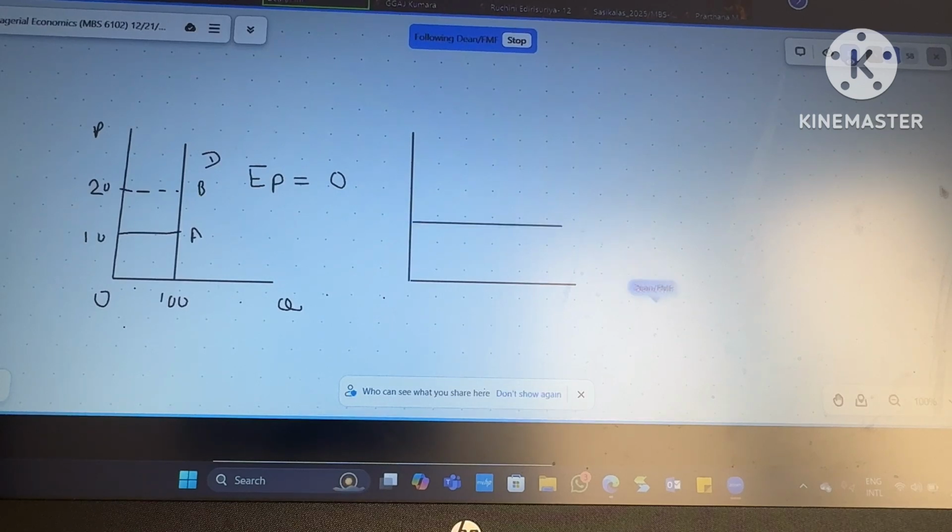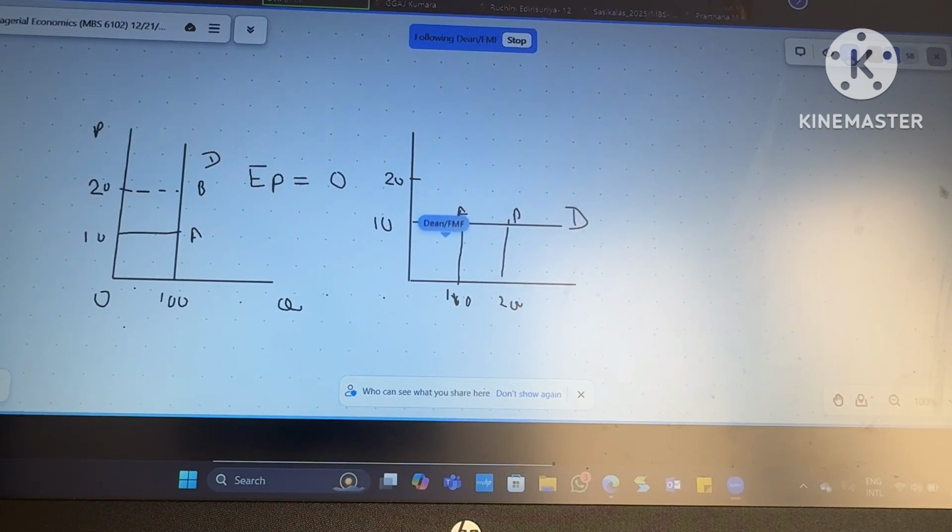Now this is the demand curve. Now this is the price, 10. At point A, you purchase 100. Now we are moving to B. Maybe 200. Or if you increase the price to 20, what happens?